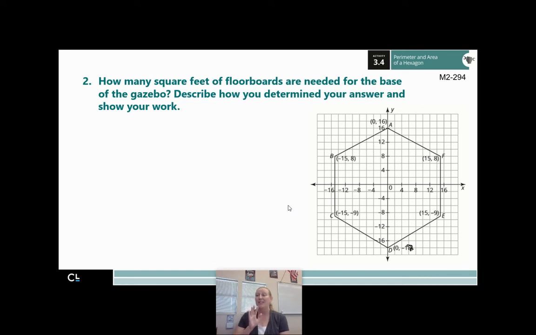So I realized I could cut this up into 3 easy chunks. And you may have chopped yours up differently, and that's okay. But I realized I could draw a line straight across from B to F, and there's a big triangle.